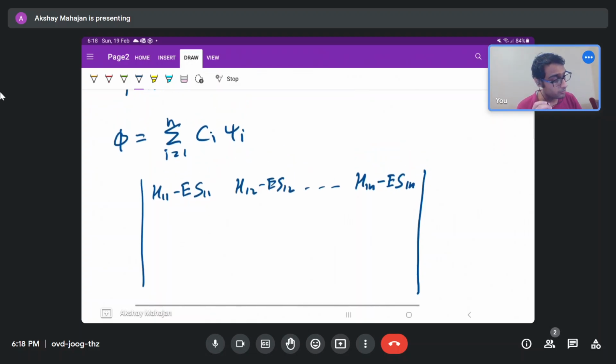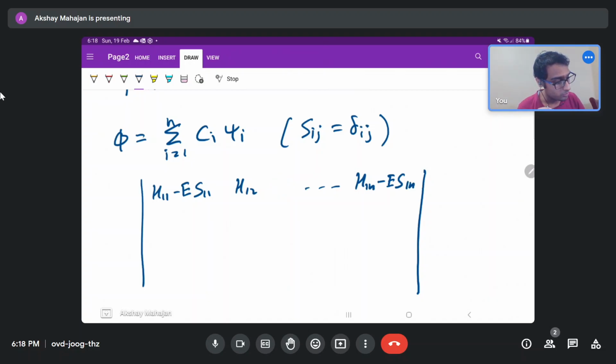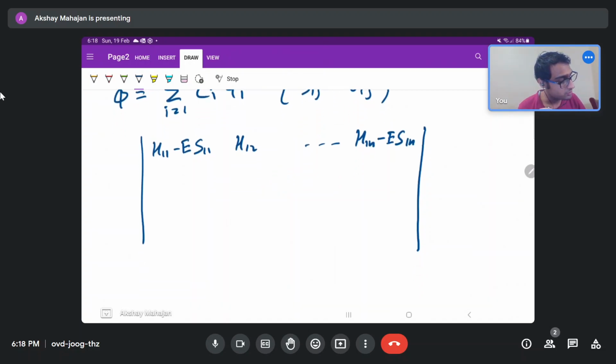So instead of writing it like this, if I say that Sij is equal to delta ij in this case, then our determinant would be simpler. It depends on the kind of problem that you have.